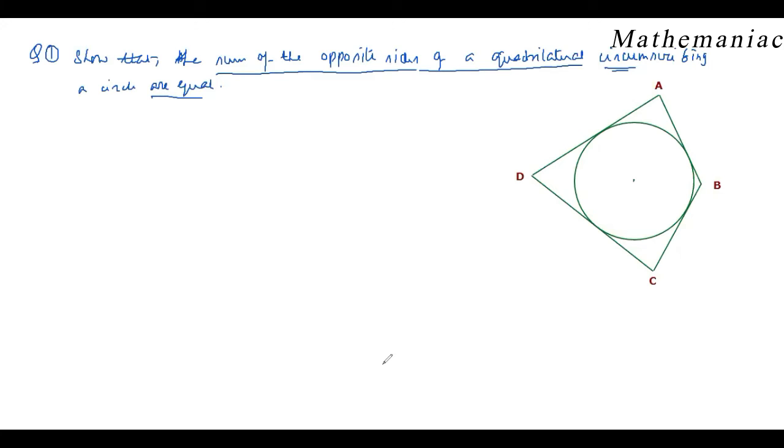If we do not know the points of contact, then it will be difficult to refer to them. So let me name the points. Say this is P, this point is Q, this point is R, and this point is S. So these are the points of contact.